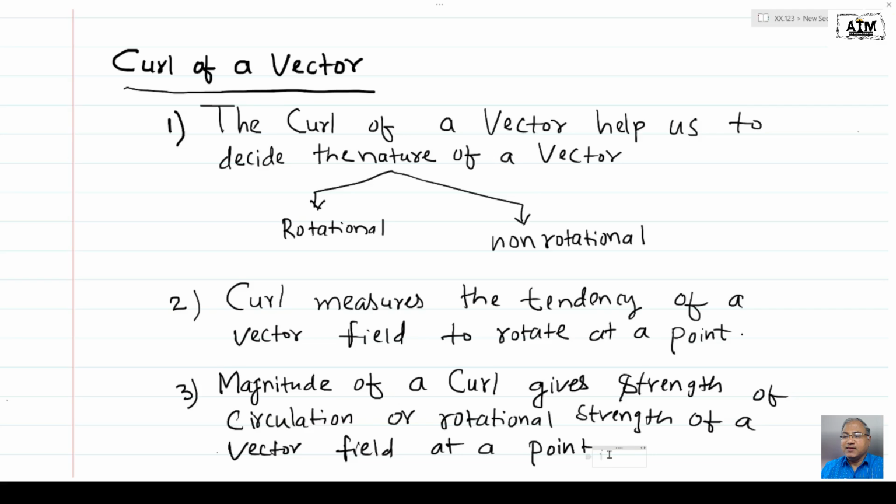So is it rotating or not rotating? That we can find out with the help of curl. And the third point, the magnitude of the curl gives the strength of circulation, or the rotational strength of the vector field at a point.